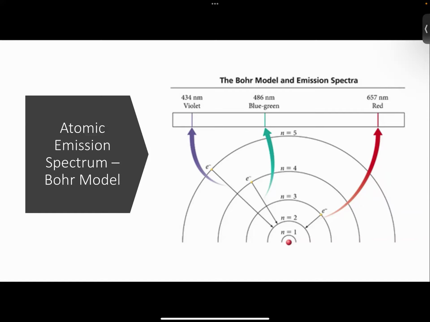The obvious one was when it relaxed from 4 down to 2, which gave off that teal blue green line at around 486. Most people had it around 480. And the other obvious one was when it relaxed from 3 down to 2, giving off the red light around 657.